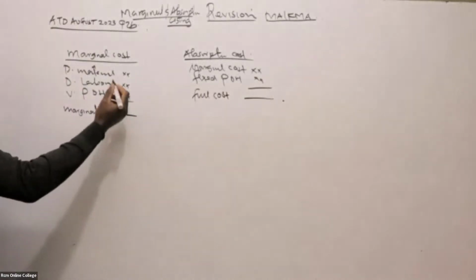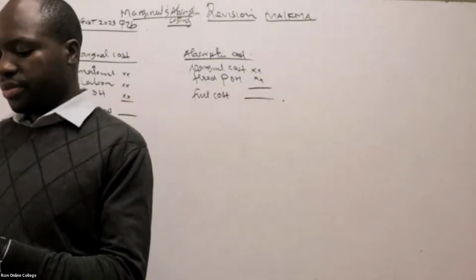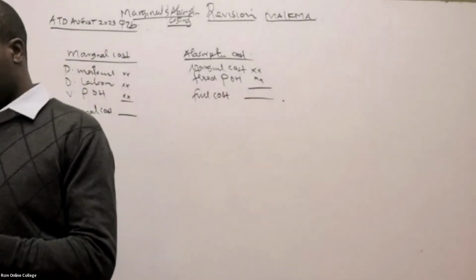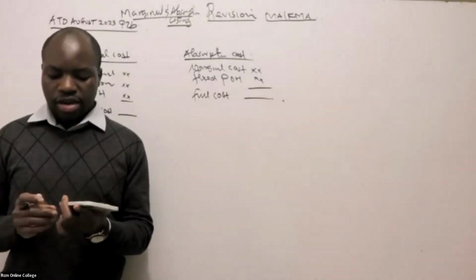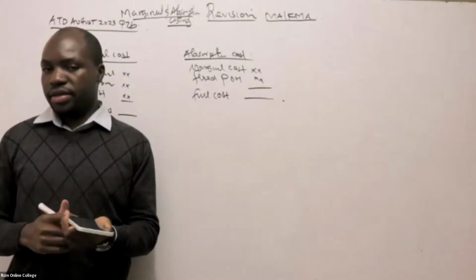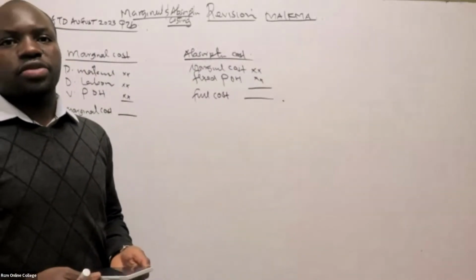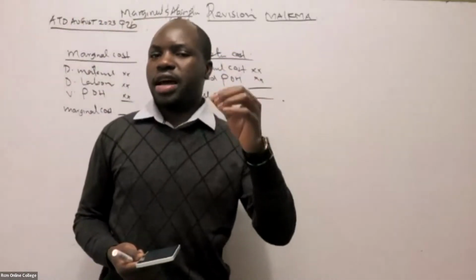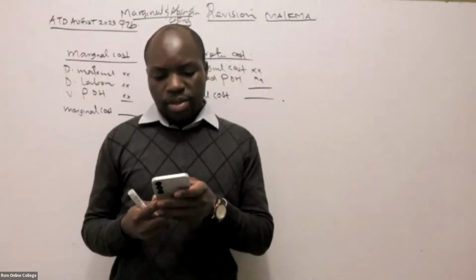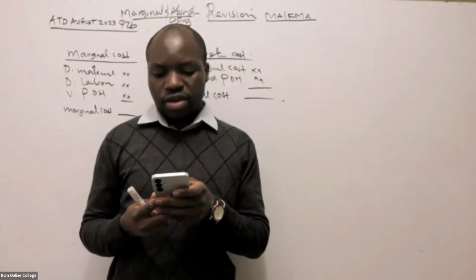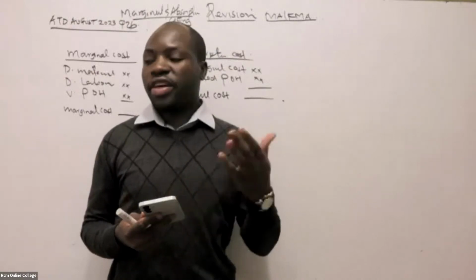So let's come here. Direct material. What is the cost of direct material per unit? The examiner has not given us budgeted production. And if you're not given budgeted production, we assume that what is given there is budgeted and is also equal to the actual. So when you look at the cost given there, the material cost is 7,200,000 for 30,000 units.